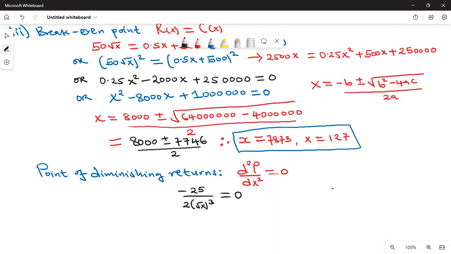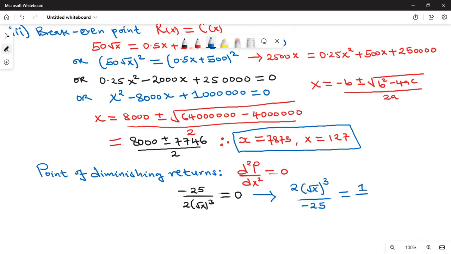Can we be able to find a value of x here? No. This equation, you cannot solve it for x because the x is in the denominator. You see, this equation is the same as writing 2 times root x, cubed, over negative 25 is equal to 1 over 0.